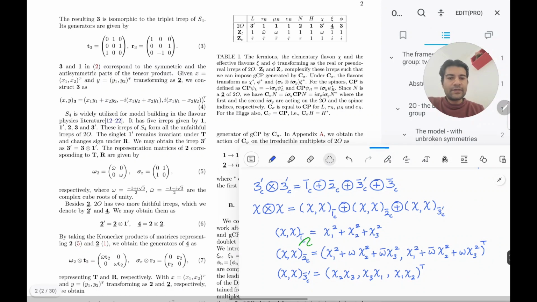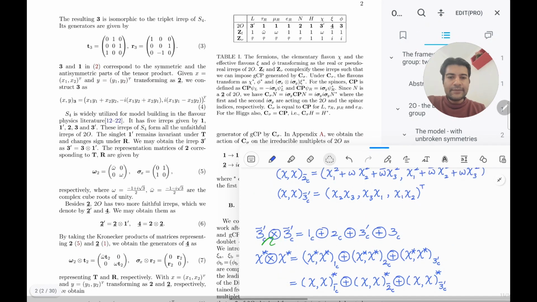So we have a singlet, a doublet, and a triplet obtained from the tensor product. And we note that all these multiplets are complex irreps. Now, we also consider the tensor product of the conjugate of chi with itself. 3' bar cross 3' bar, we get singlet, doublet, and triplet prime.